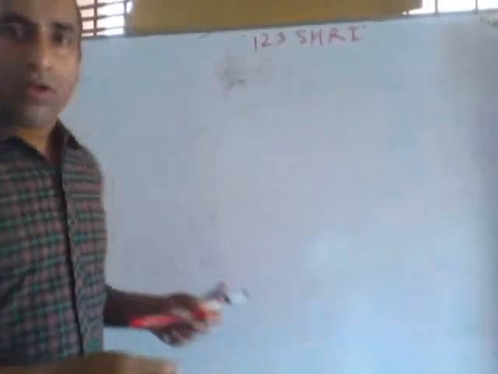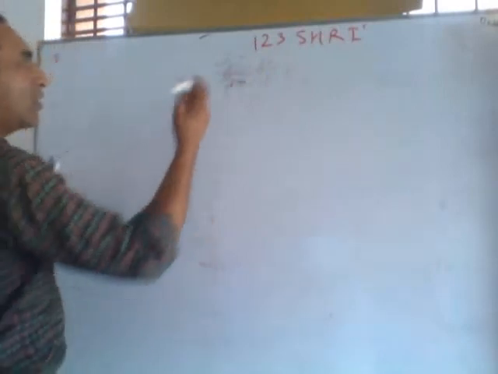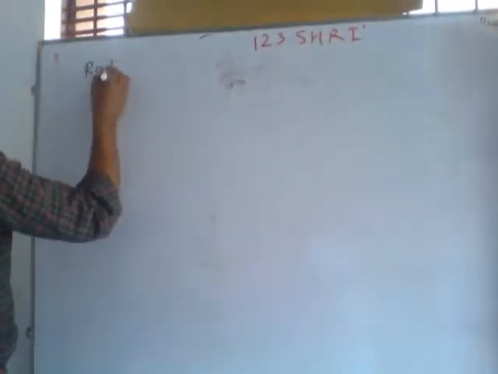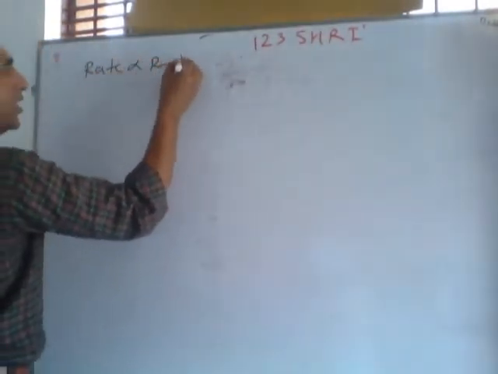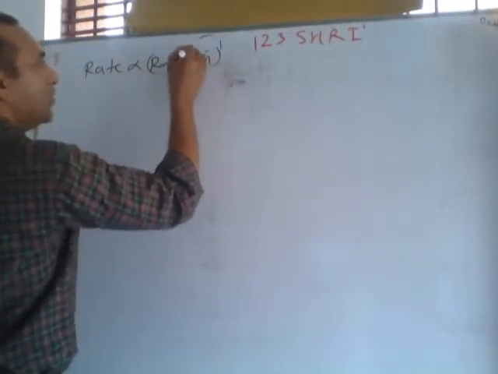Listen, 1 means unimolecular, but in SN2, 1, 2, 3, SHRI. In SN2, the rate depends on both RX and the nucleophile, so the order obtained is 1 plus 1, 2.